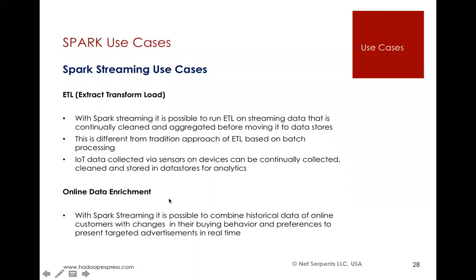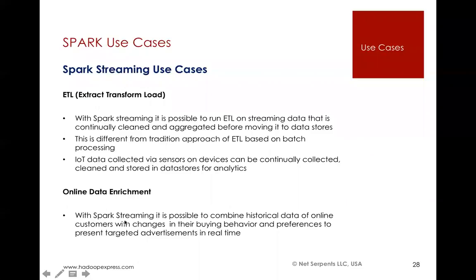For example, you might say, okay, over the last one month this person was buying books, and now you suddenly see that he's again trying to find some books as he's navigating through different pages on the site. So you can take immediate action to start showing him advertisements about books. There's a 20% discount available if you go and buy, say, a Spark Streaming book.